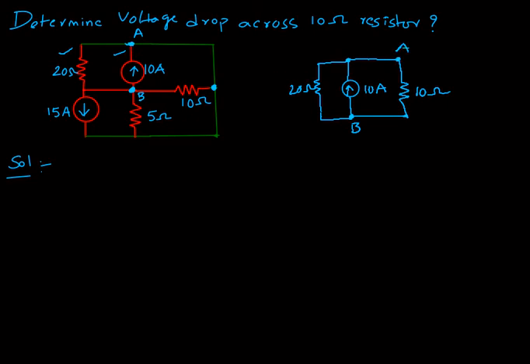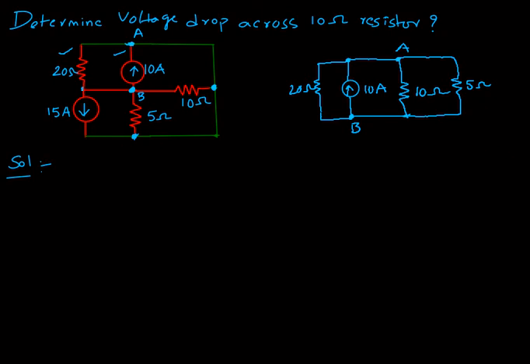Again, the same thing: the 5 ohm resistor also has one terminal connected to A, and the other terminal connected to this node, with no other element here. You can connect it in this way.